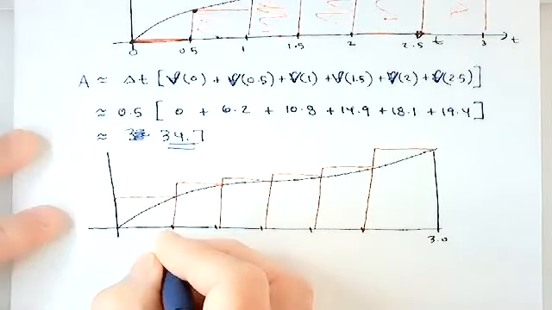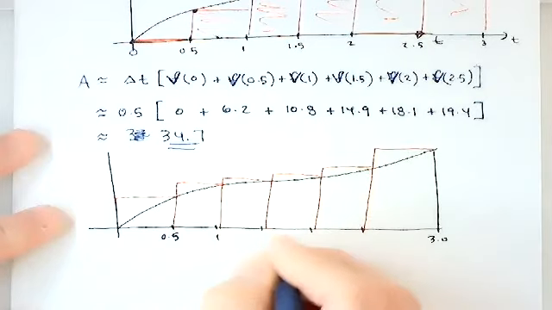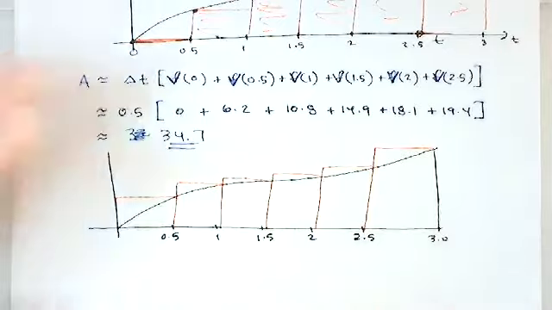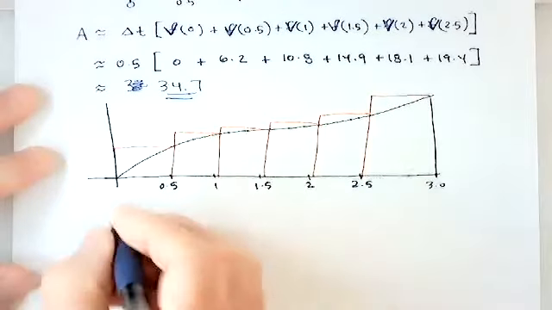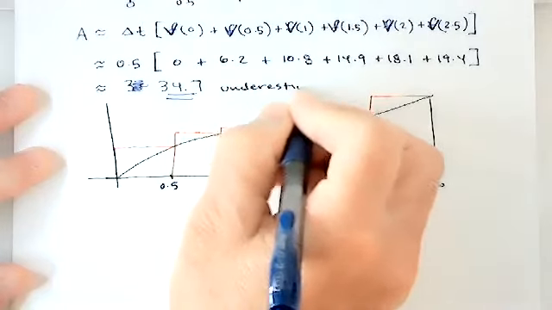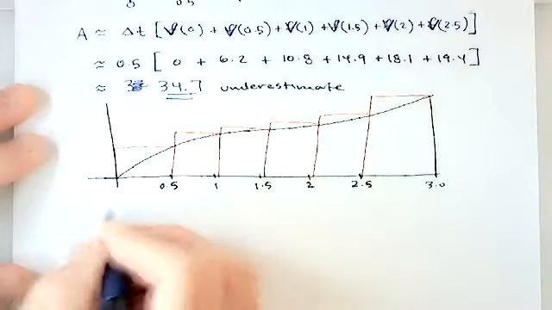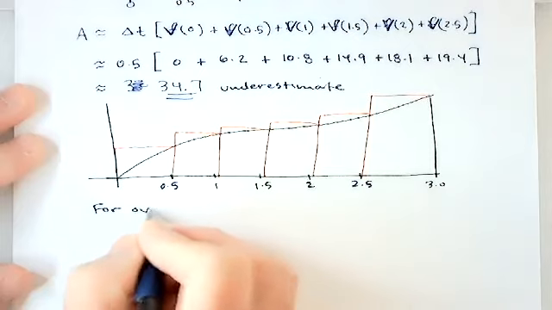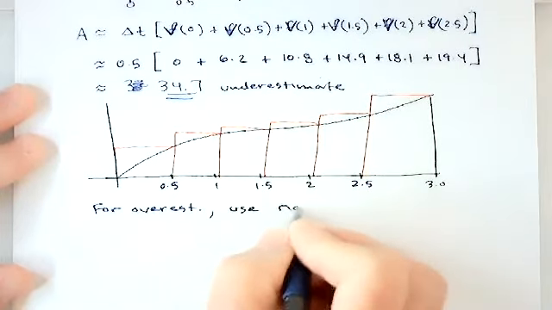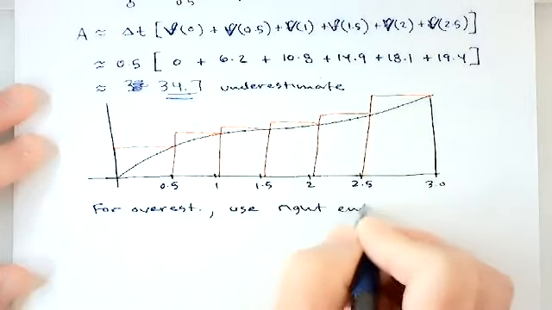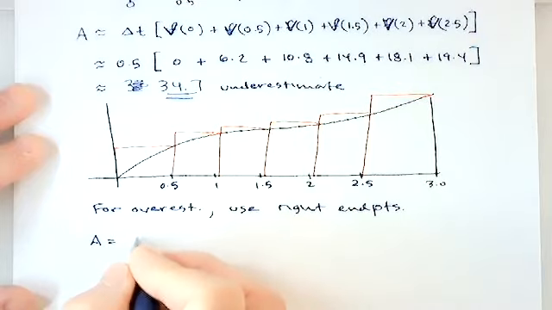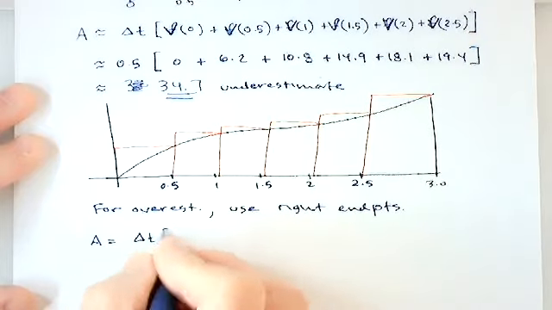This one was 0.5, 1, 1.5, 2, 2.5, 3. So this is an underestimate. For overestimate, use right endpoints, and your area is just going to be delta t again.